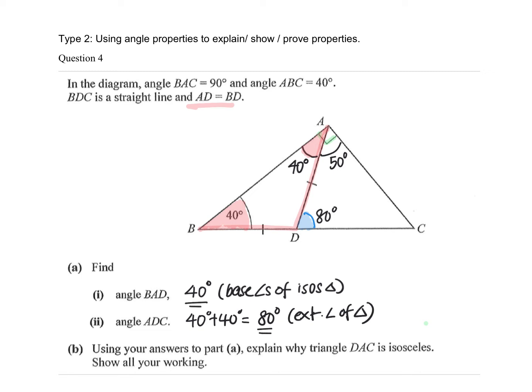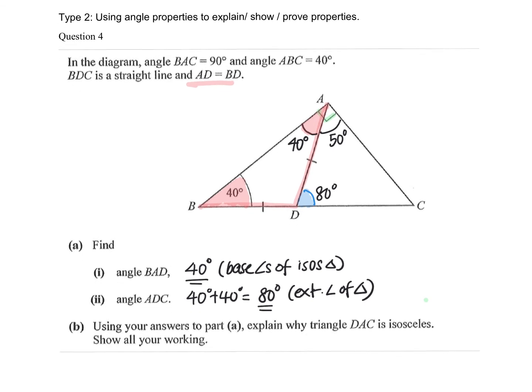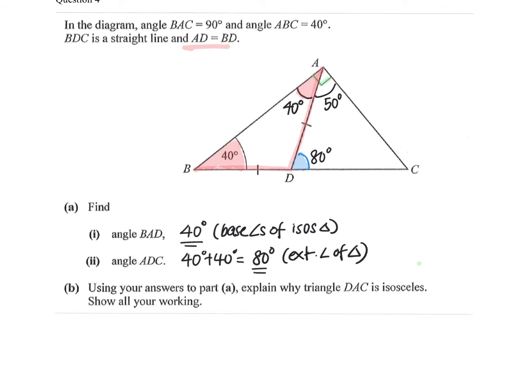Right? Now, next part of the question says, using your answers to part A, explain why triangle ADC is isosceles. Well, if I want to prove that this triangle is isosceles, there are two properties. Number one, that they have two sides with equal length.